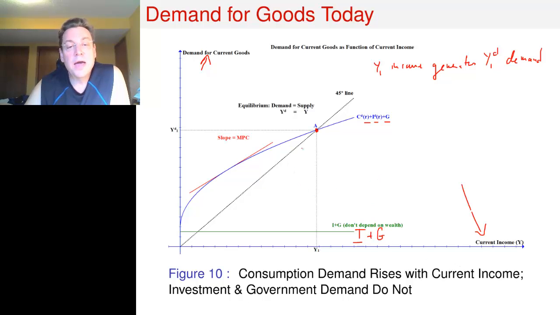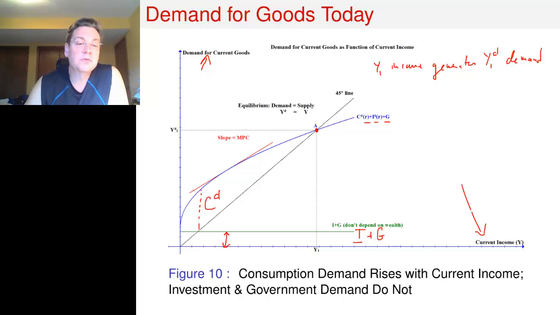So what we have in this blue line is consumption, which we know varies positively with current income, plus this green distance here, which is independent of current income. And so the difference between the blue line and the green line is just consumption demand.